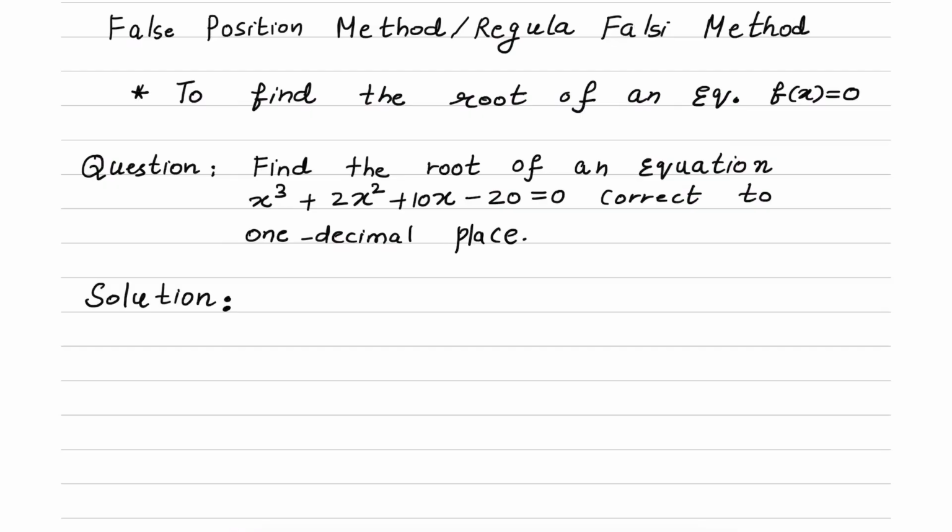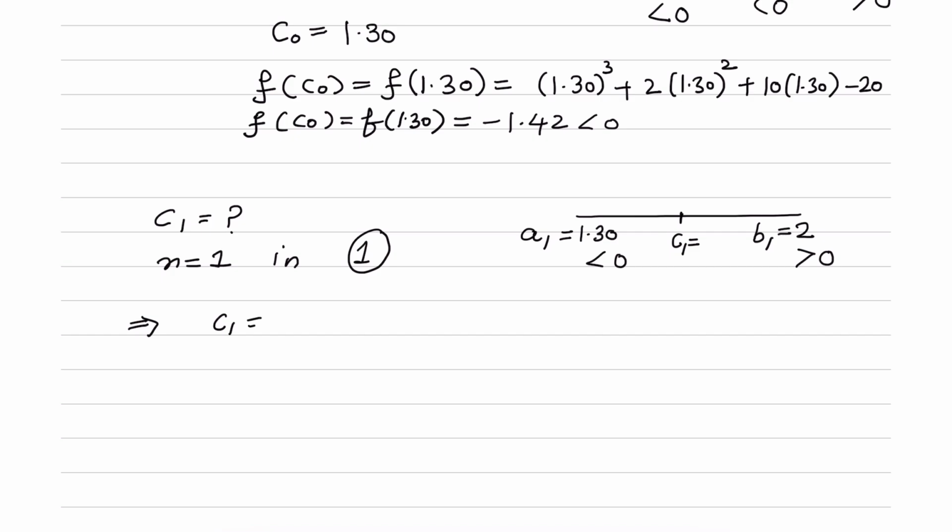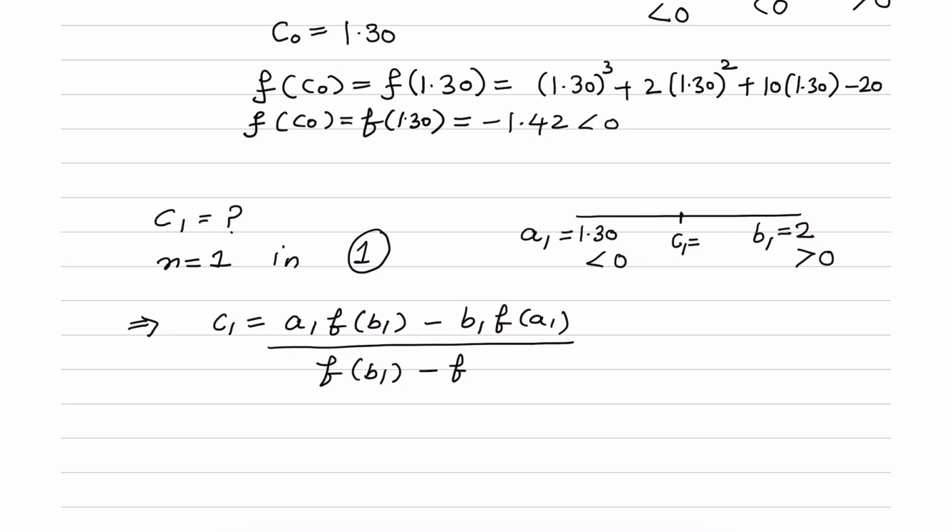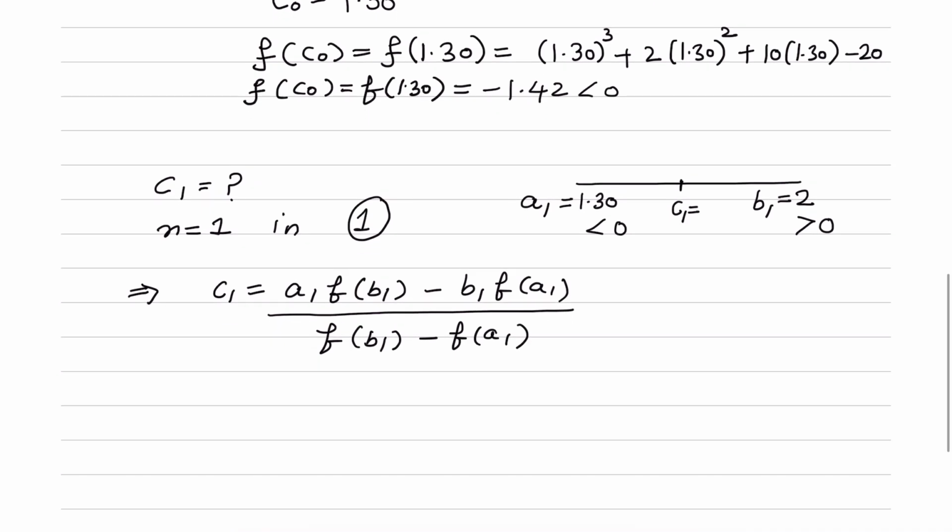So this gives us c1 as a1 f of b1 minus b1 f of a1 whole divided by f of b1 minus f of a1. At this point, to find c1, we have all the values to plug on the right hand side of c1.